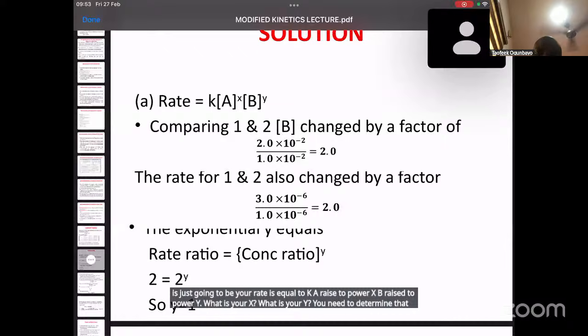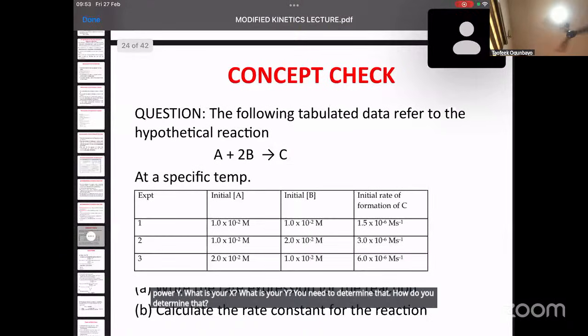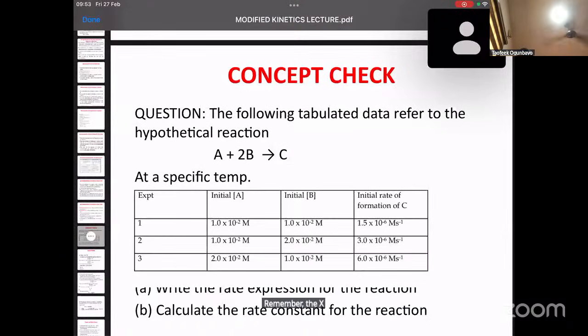You need to determine that. How do you determine that? Remember, your x is your order with respect to A, while your y is your order with respect to B. To determine your order with respect to B, you hold the concentration of A constant.